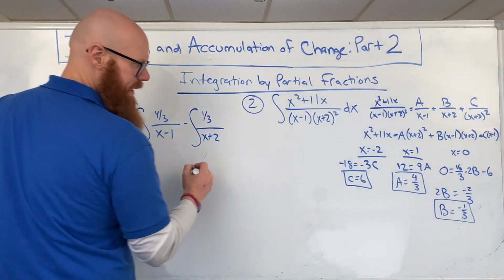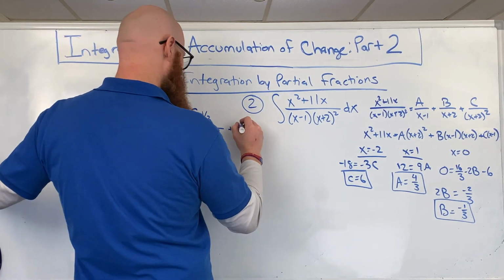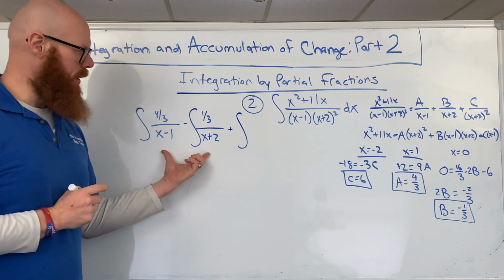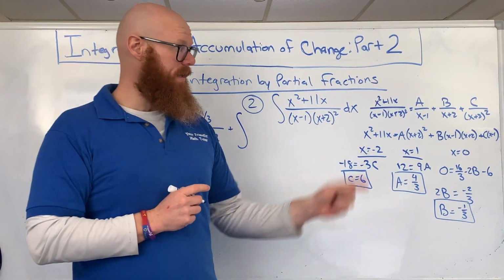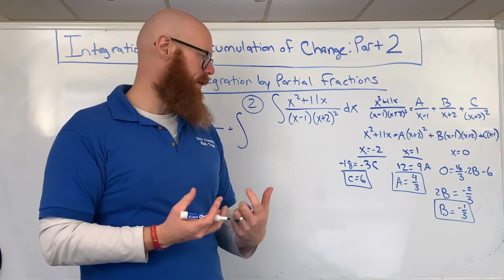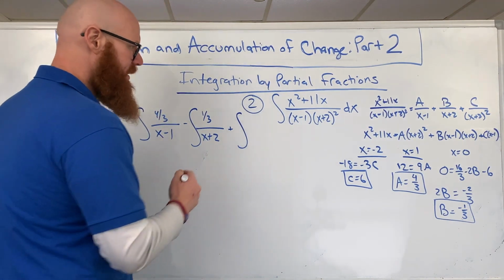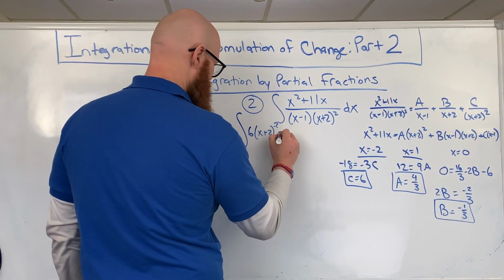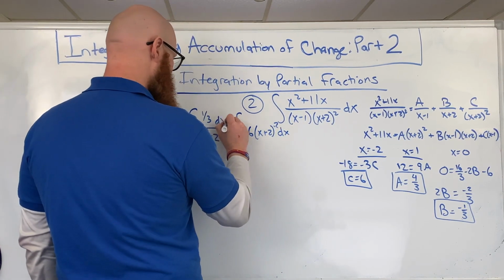And c is 6, so I get plus the integral. These two I'm going to be able to use natural log, but I will not when it's x plus 2 squared, when you have a repeated linear factor. So I'm going to think of that as 6 times x plus 2 to the -2. These all should have dx's in them.